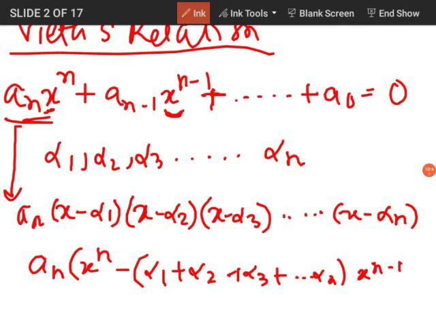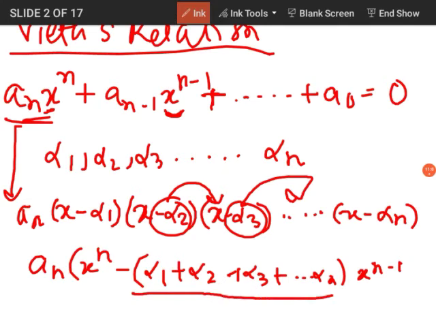See now how I have written this. This whole term will be multiplied by this, then this term will also be multiplied by this one term, and like this it will go on and on. And if you take x raised to the power n minus 1 common, then this is what you are going to get. Correct.